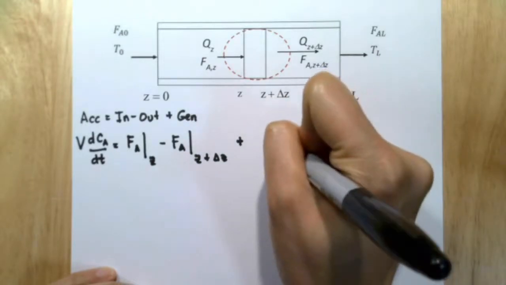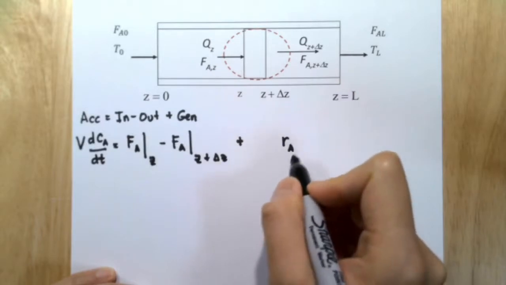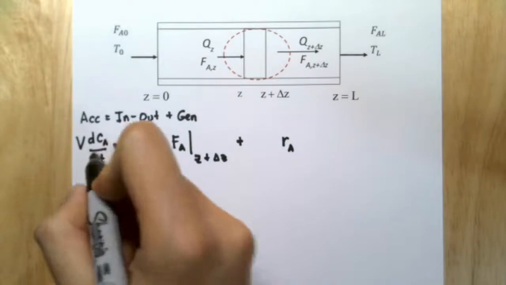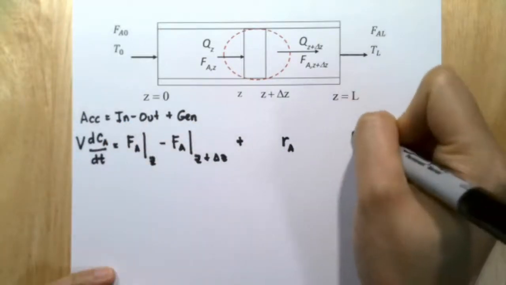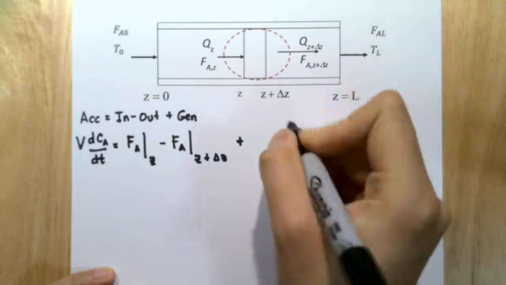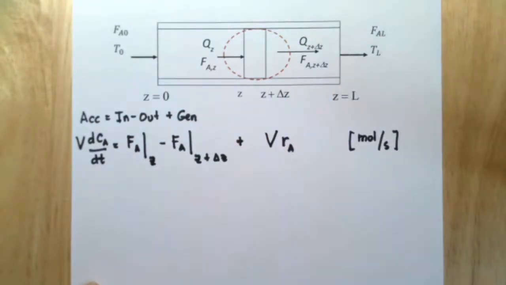I have the rate of generation of A in terms of moles of A per meter cubed per second. But I would like the unit of each term to be moles per second, so I need to multiply this by the volume of the control volume V.